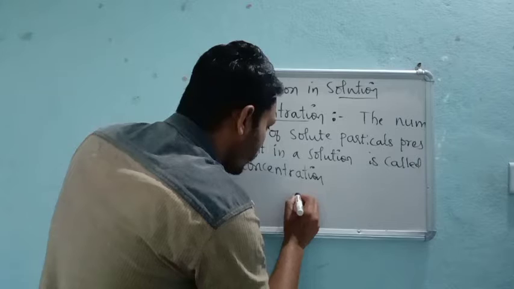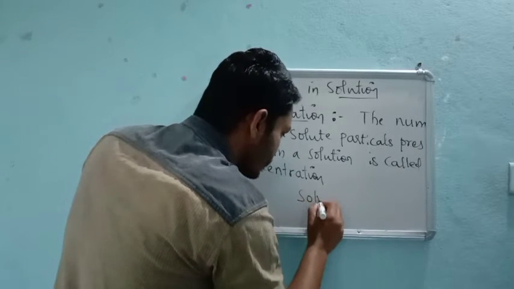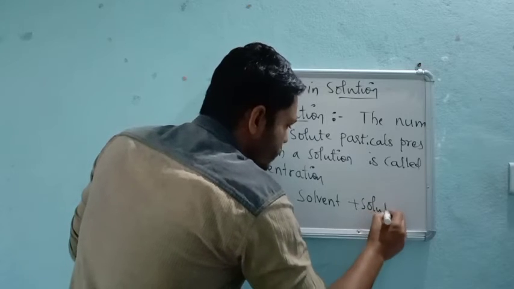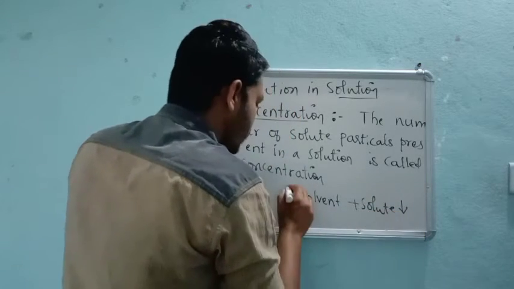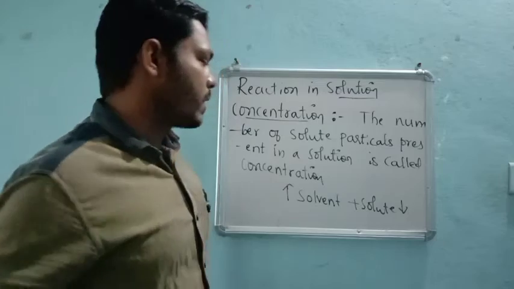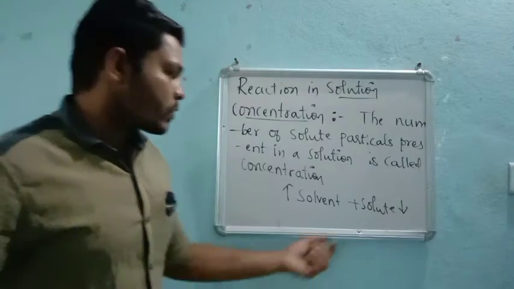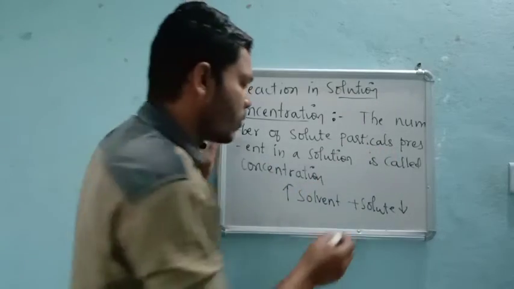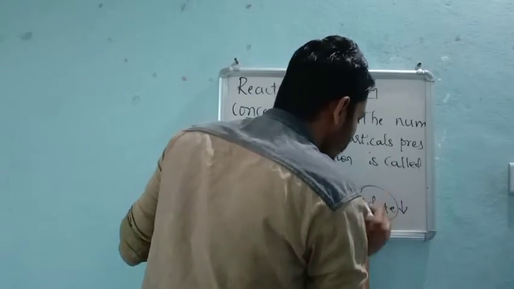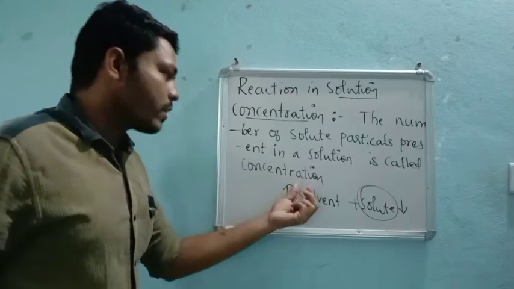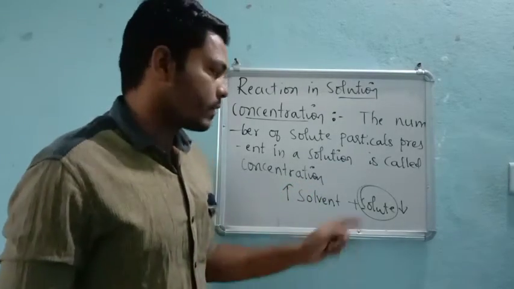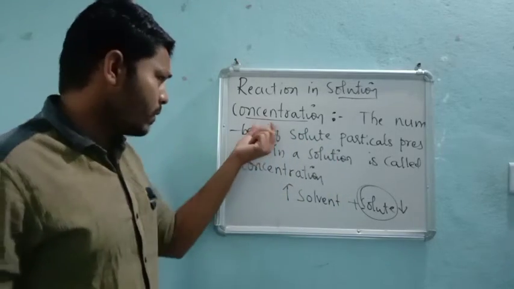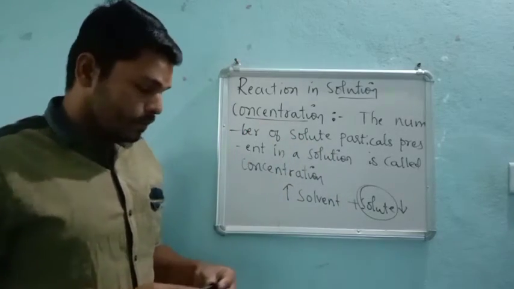Solution is nothing but what? Solvent plus solute. So solute is nothing but less concentration, and solvent is nothing but more concentration. So the number of solute particles present in a solution, that means how many solute particles are present in a solution, if we calculate that, then that particular term is nothing but concentration, right?